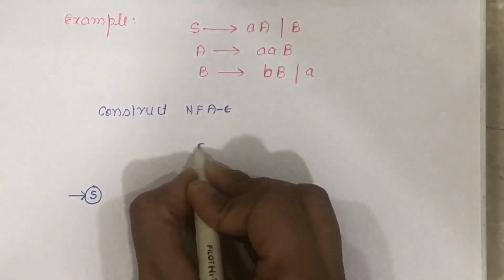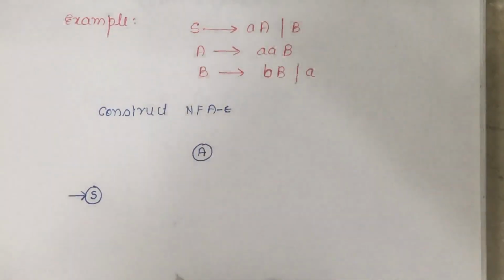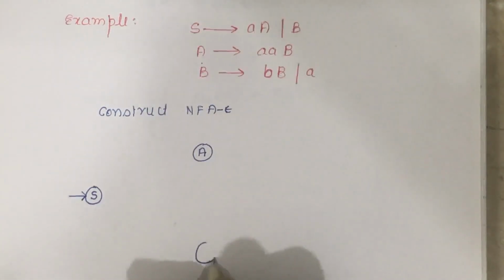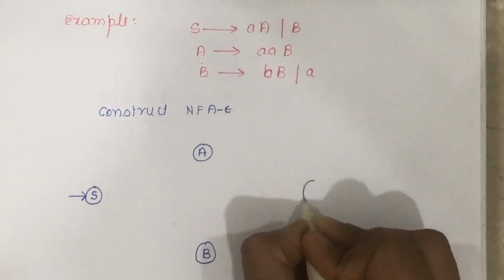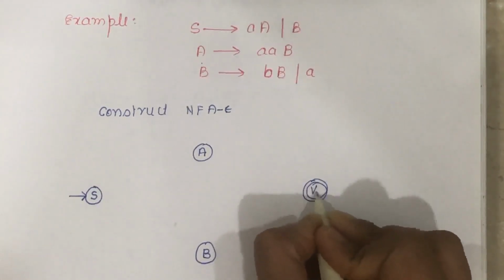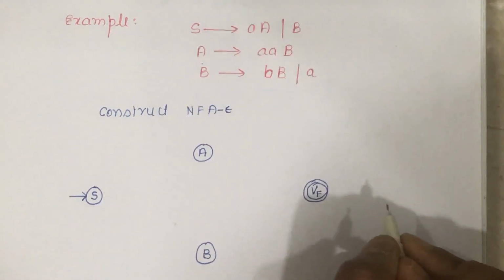Now first we will create a state for every non-terminal in the grammar. So one non-terminal is A, another non-terminal is B, and we'll create one extra state as the final state, that is actually a special state, and the name of this state is, suppose, VF. This is the final state for this NFA with null moves.